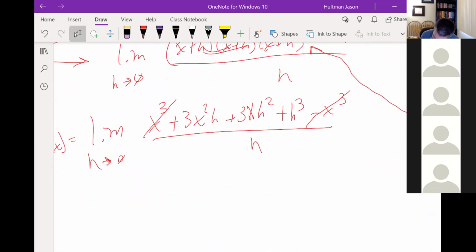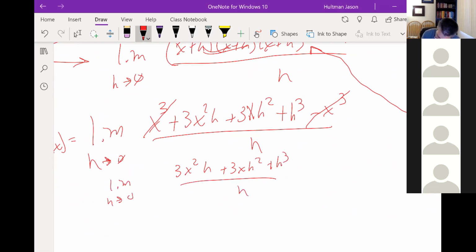And so we're left with 3x squared h plus 3xh squared plus h cubed all over h. So this is the limit as h goes to 0. I'm going to factor out an h, all over h. These h's are going to cancel.